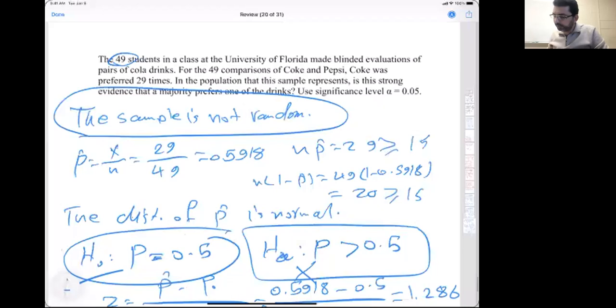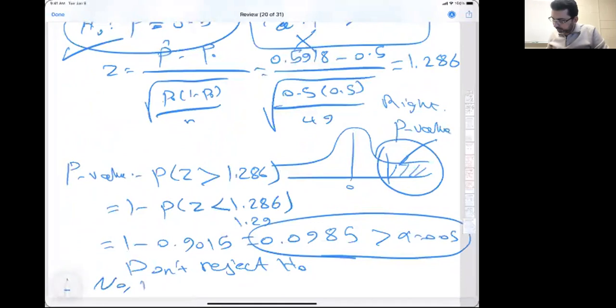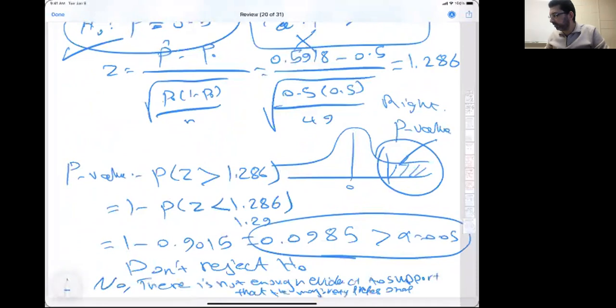So there is not enough evidence to support that the majority prefers one of the drinks.